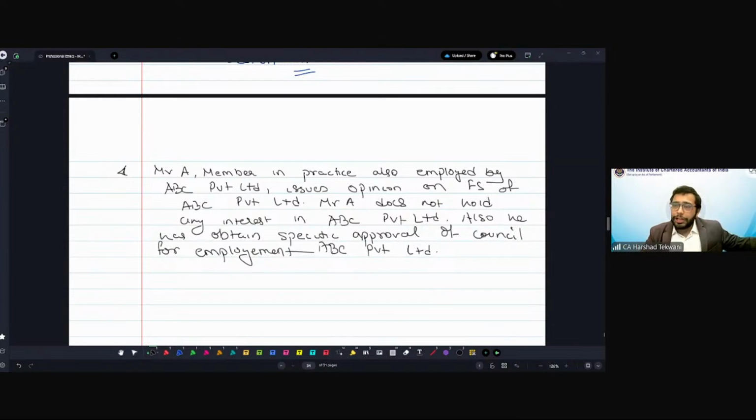So council also does not permit, section 141 also does not permit. Clear? Yes, sir. So we need to think from multiple angles, not only one particular side. Again, section 141 will be there. Clause 9 will be there. And clause 4 will be there.